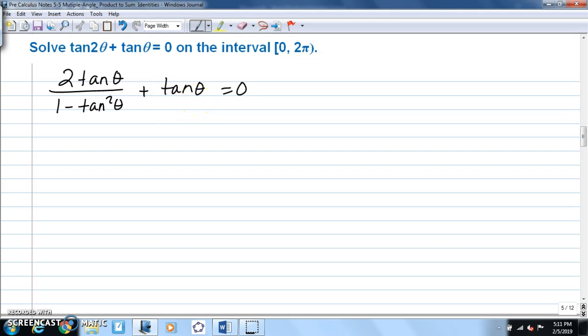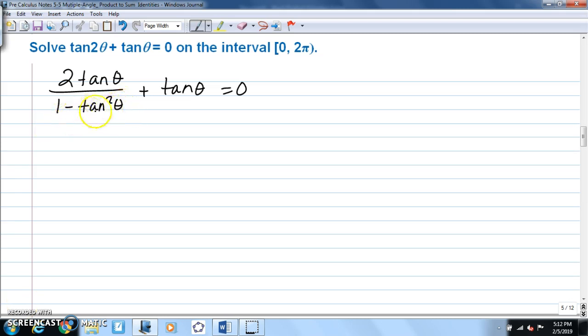You can go back and use some of your other things too, like the Pythagorean relationships. If you want to, you could replace your tangent squared of theta with one of those. You can do any of these things, but I think probably the easiest thing here is just to get rid of your denominator.